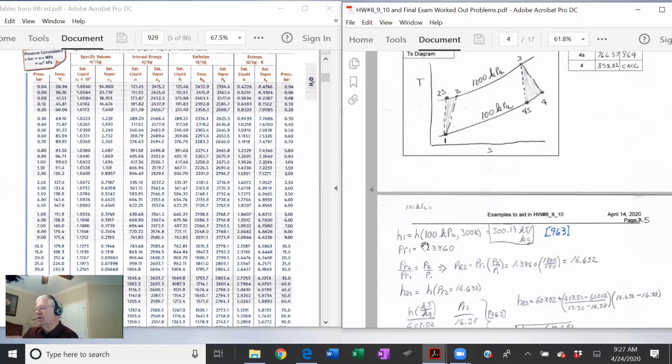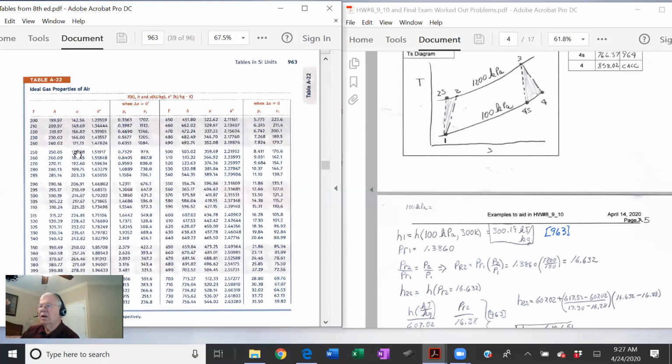So H1 is just H of 100 kilopascals and 300 K. That's on page 963. Let's go over to 963. All right, we know T1 is 300 K. Right there. Now look at your table carefully.